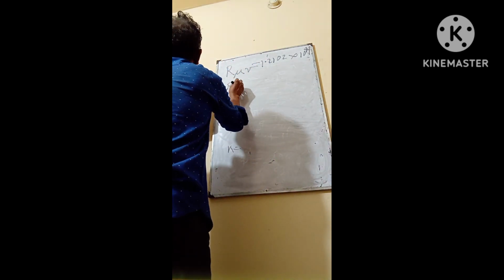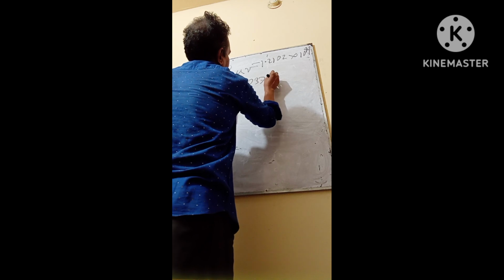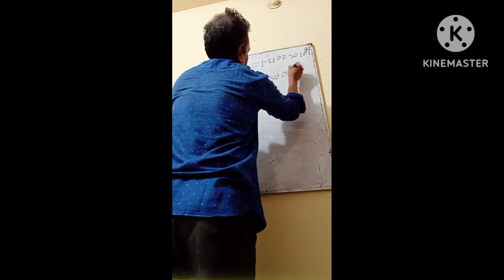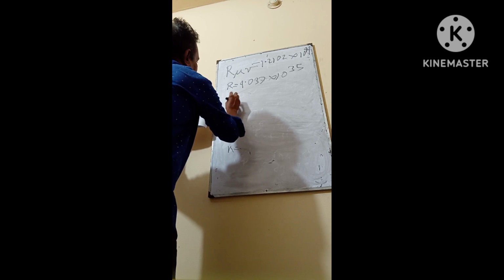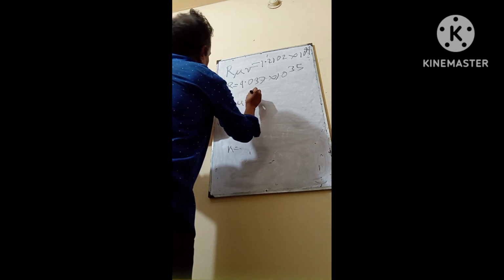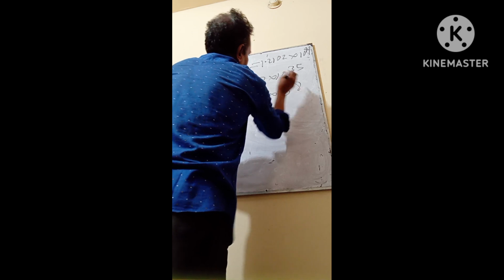R is equal to 4.037 into 10 to the 35. G eta mu 10 to the power 8.